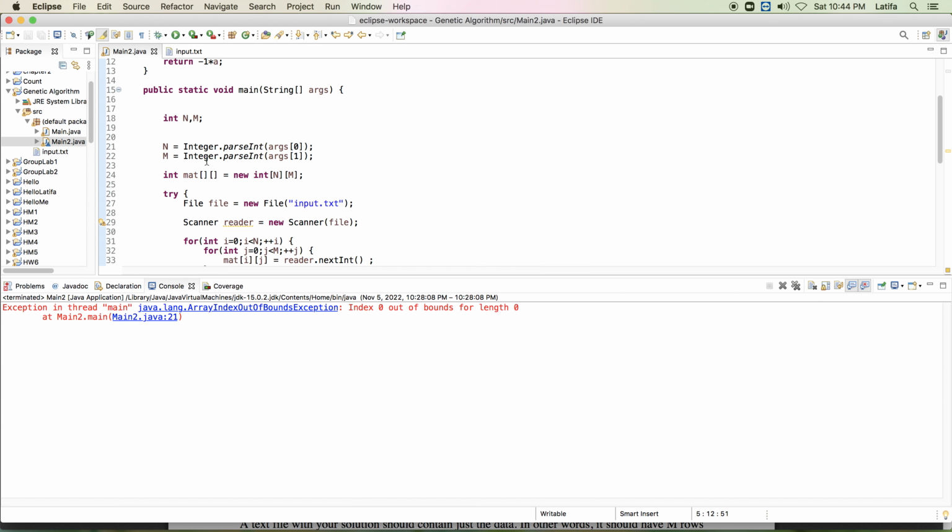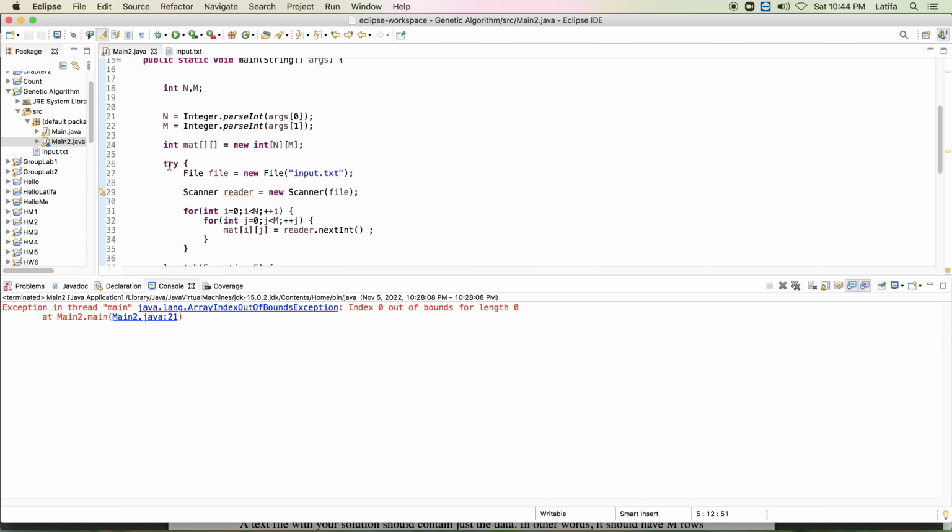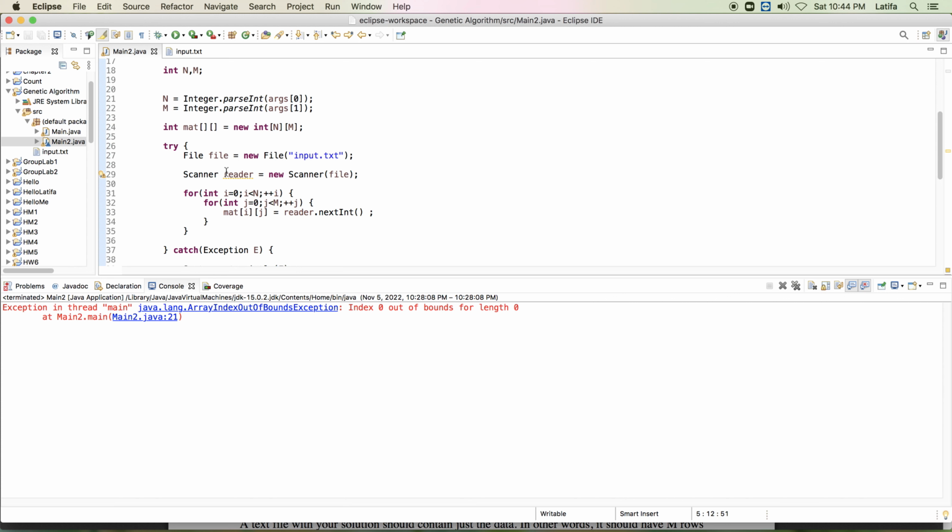The same thing I did for m. Here I have initialized an integer matrix. Here I have a try block to handle exceptions, and inside of it I have created a new file named input.txt.